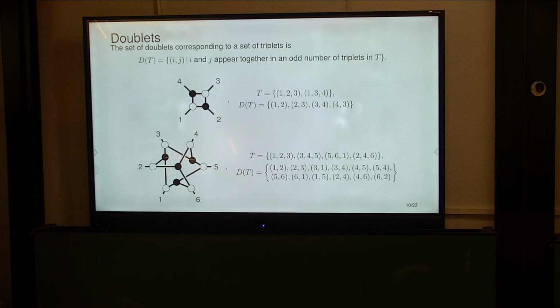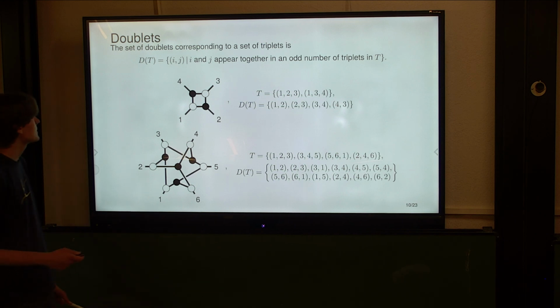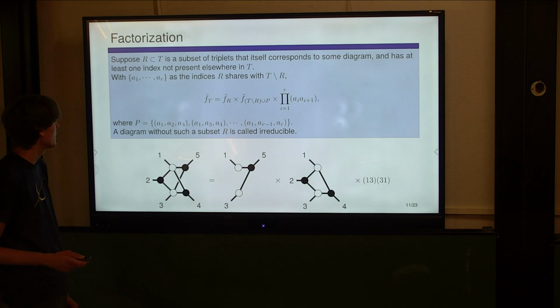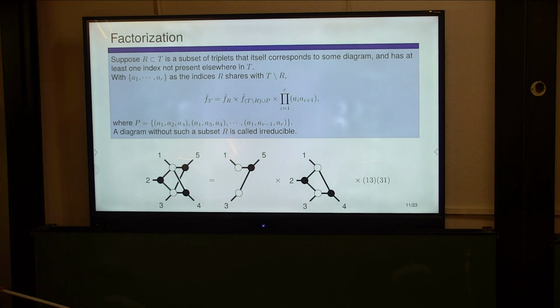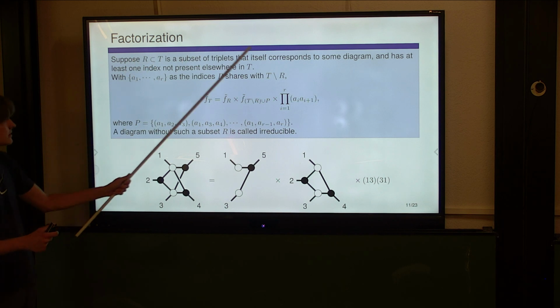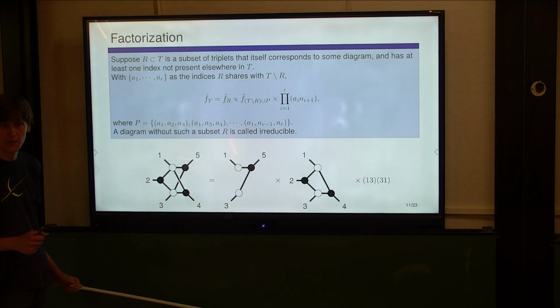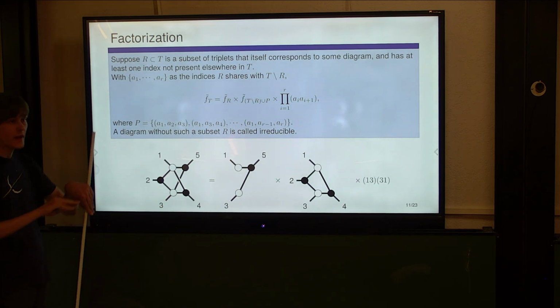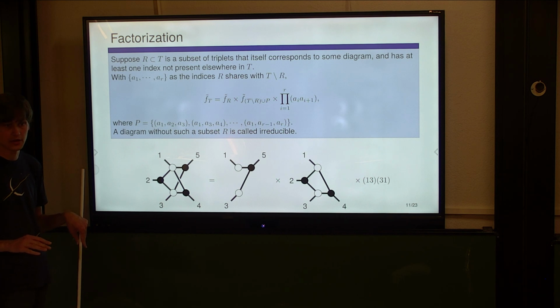Finally, when we are talking about the form and making a connection to the doublets, there's a very neat result to do with the factorization of it. It's a little bit lengthy to state, but the idea is that if you have a set of triplets describing some diagram, and in that set of triplets there's a subset that itself corresponds to some diagram, then you can factorize the resulting differential form.